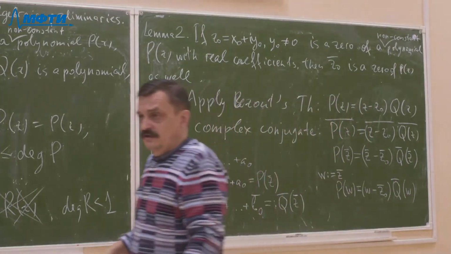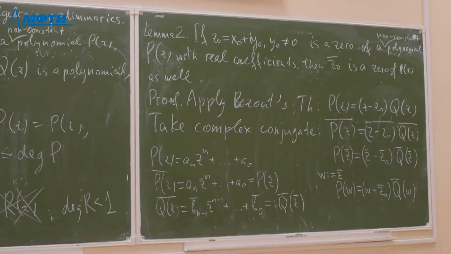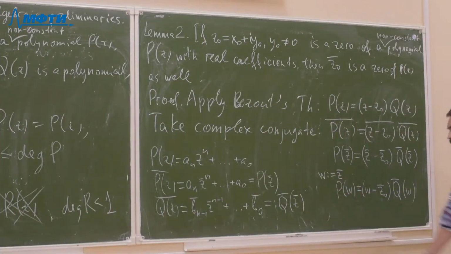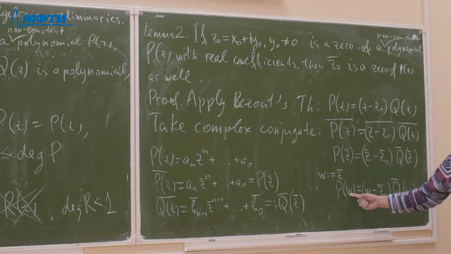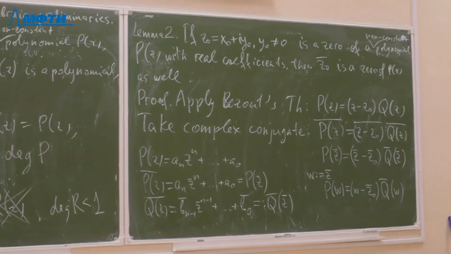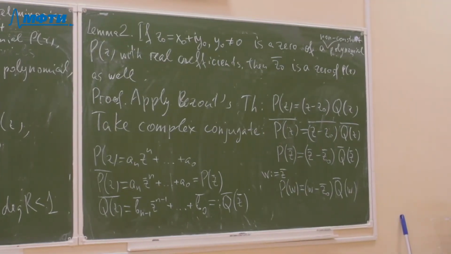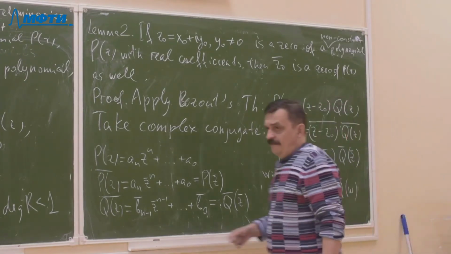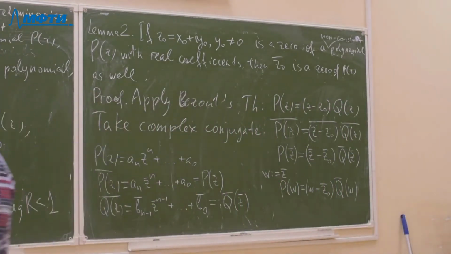That is the first question. And second question, in the end, the conjugate of z naught is a zero of p of w. But that is the notation of the variable. The notation of the variable is w, right? So we have z naught conjugate is a zero of polynomial p, nothing else, right? Doesn't matter how we denote the variable, w or z. Okay.